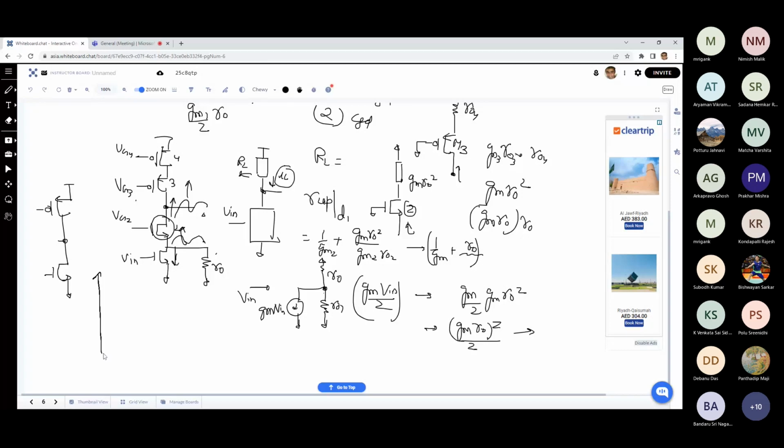In one of the lectures I had shown a recording where I showed the dependency on lambda. If you find out this V out DC, it is dependent upon all the device parameters, lambda, etc., which can vary a lot. And it is not a very deterministic value. So for a given gate voltage DC over here and VG2 over here, this V out DC is very sensitive to the device parameters.